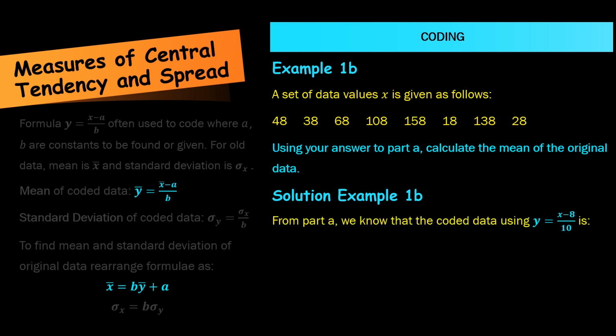From part A, we know that the coded data using y equals x minus 8 over 10 is as shown on your screen. The mean of the coded data from part A is y bar equals 6.75.